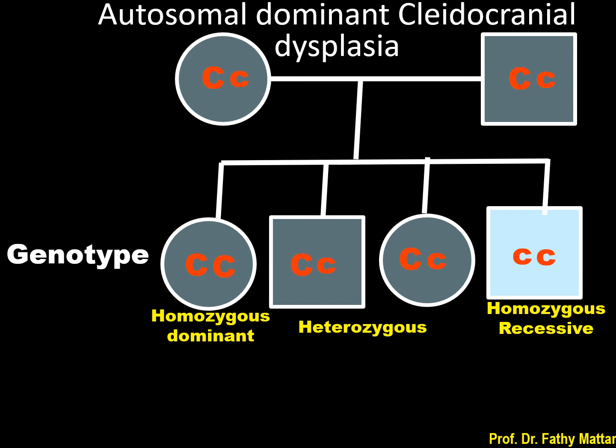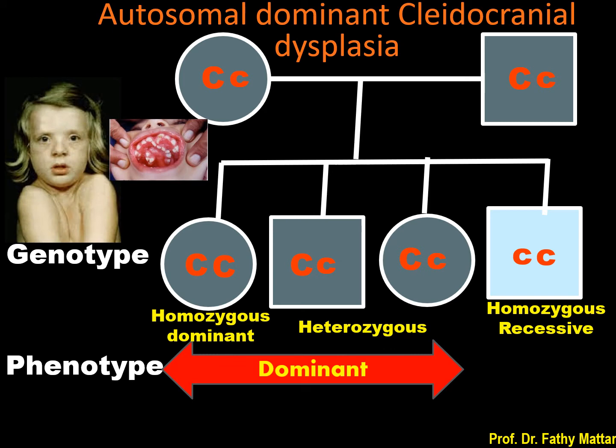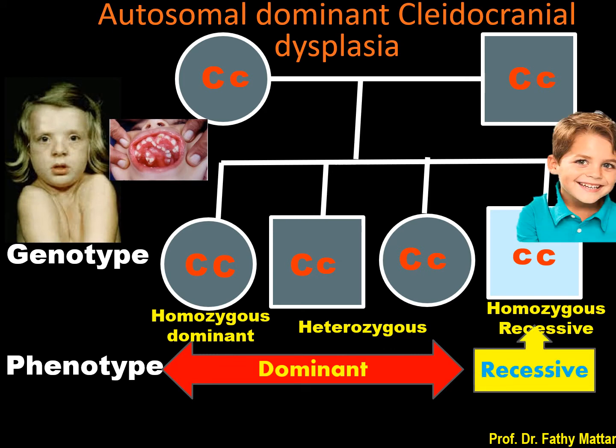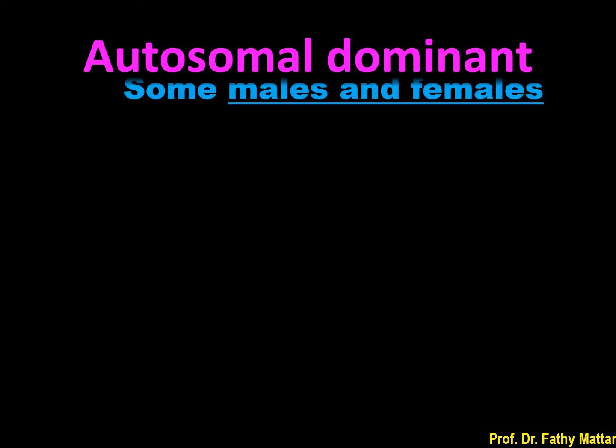So we will have one homozygous dominant, two heterozygous, and one homozygous recessive. Anyone having just one dominant allele will show the trait. And so the phenotype, all of the three here will be dominant, while this will be recessive and normal. The ratio is 3 to 1. If we take the pedigree of a family, how do we know that the mode of inheritance of the gene in this family is autosomal dominant?